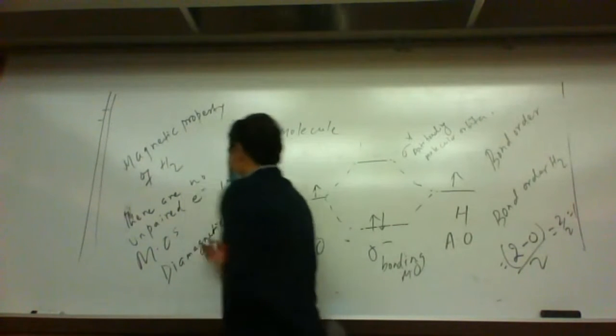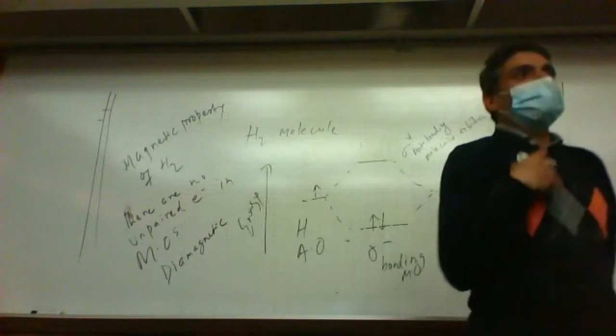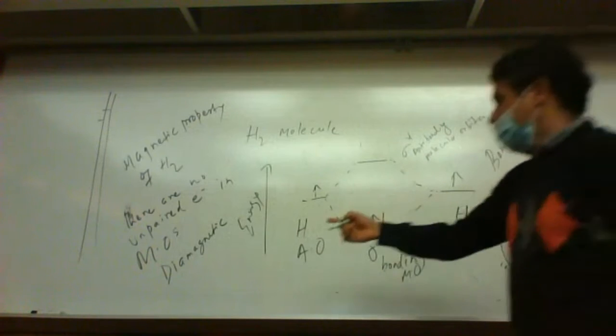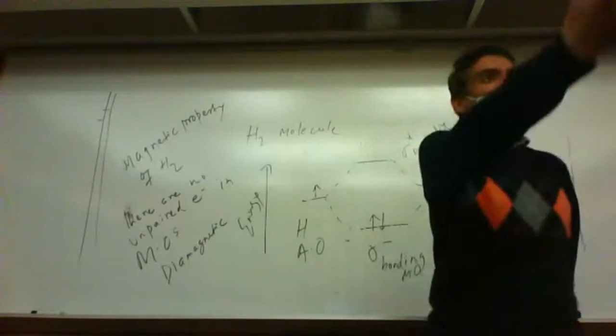The greatest success of molecular orbital theory is to tell about the bonding, whether a molecule is diamagnetic or paramagnetic, and explaining the color.